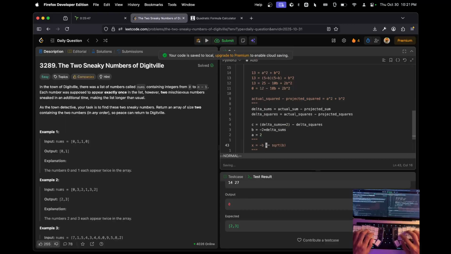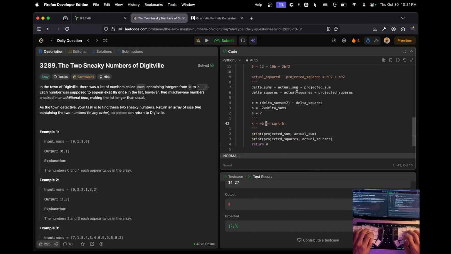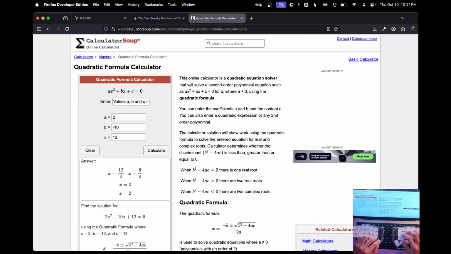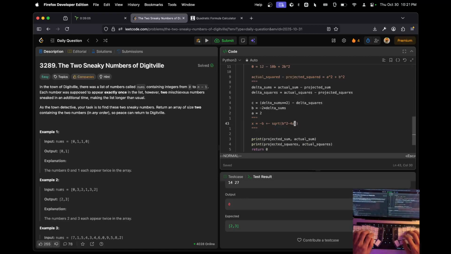Wow, if they asked you this in an interview, they do not want to hire you. For real. It's going to be x equals negative b plus or minus the square root of b squared minus 4ac, I believe. Minus 4ac all over 2a.